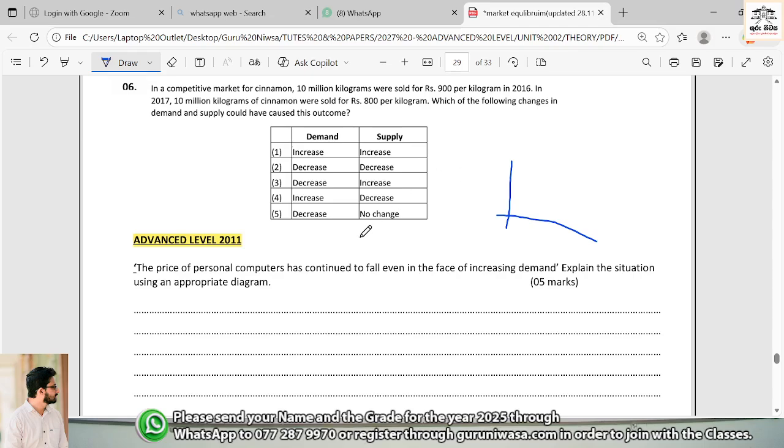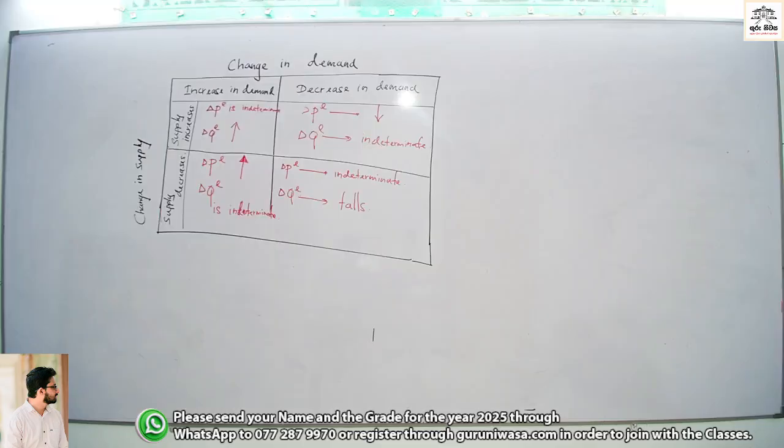Why? Here it says the price of personal computers has continued to fall even though demand rises. Look at the board.